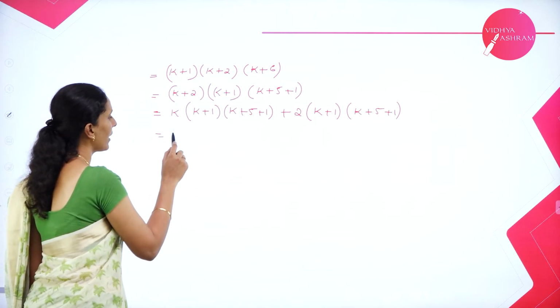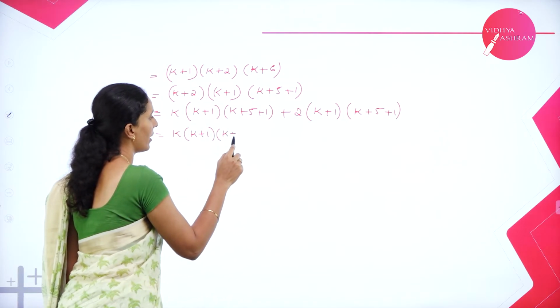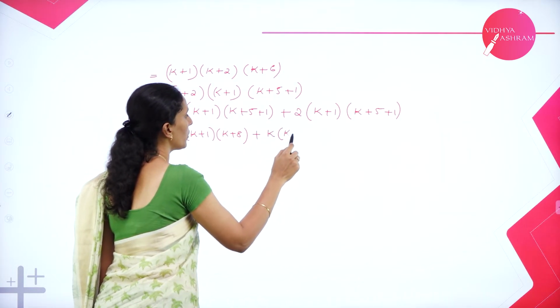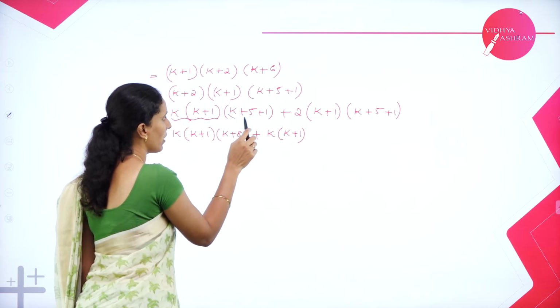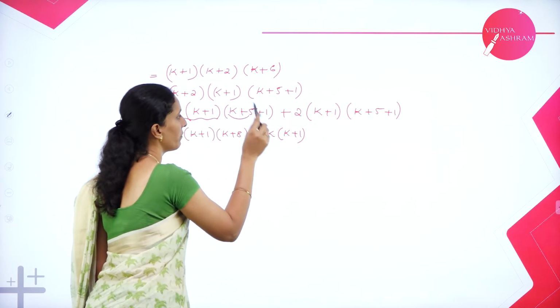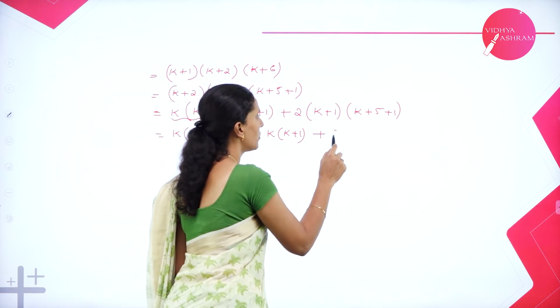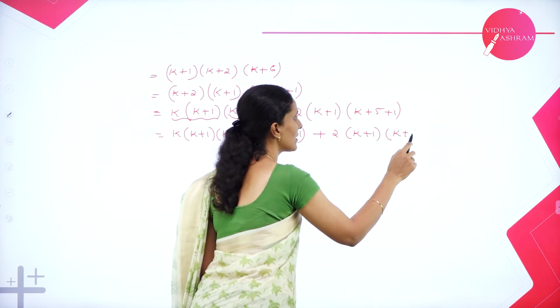Again, I can write this as k into k plus 1 into k plus 5, and separate plus k into k plus 1. I'm multiplying these two factors with k plus 5 and k into k plus 1 with 1. So it becomes k into k plus 1, and here I get 2 into k plus 1. I can directly write it as k plus 6.